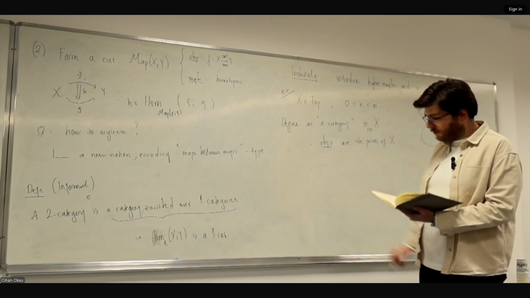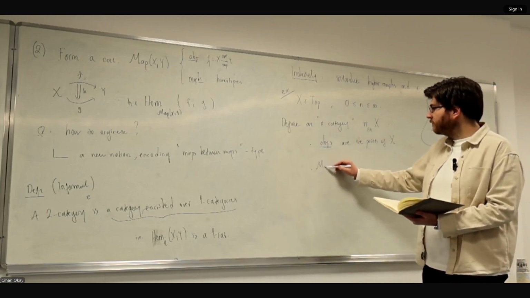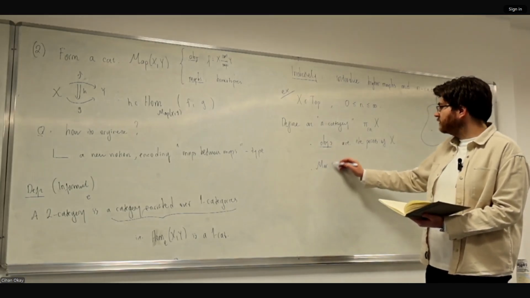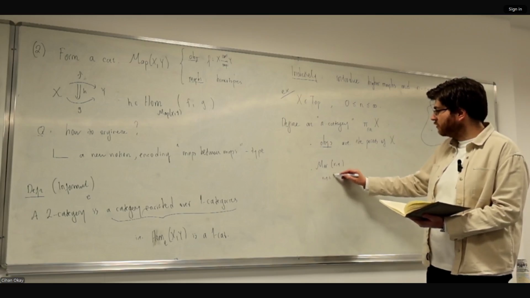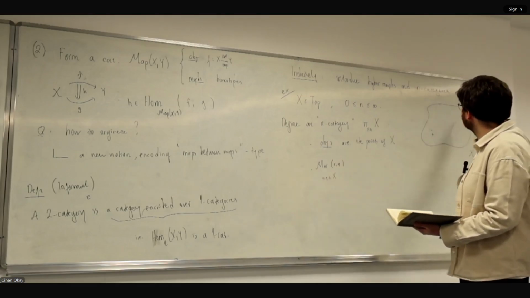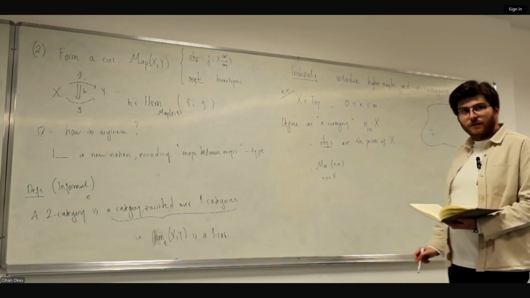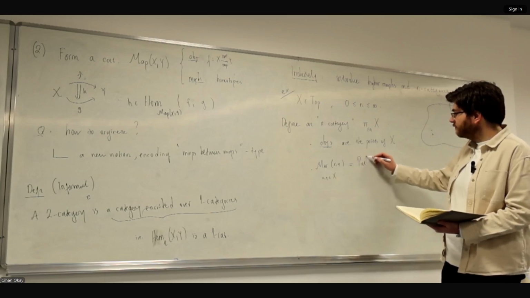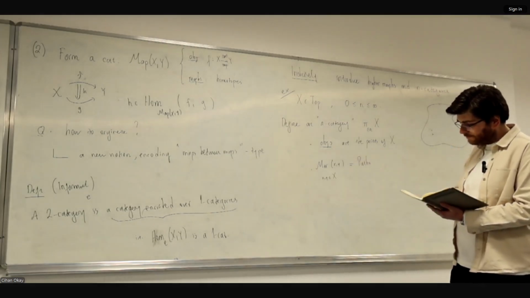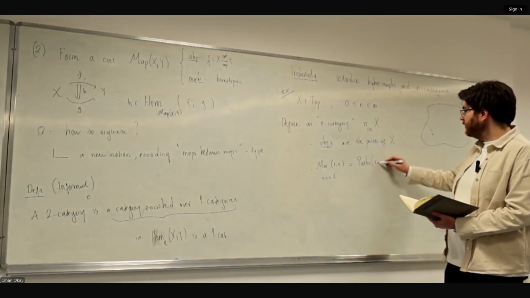So what about the morphisms? For instance, morphisms between x and y. Let's say x and y are points like this, x here, y here. These are defined to be the paths, a path between x and y.